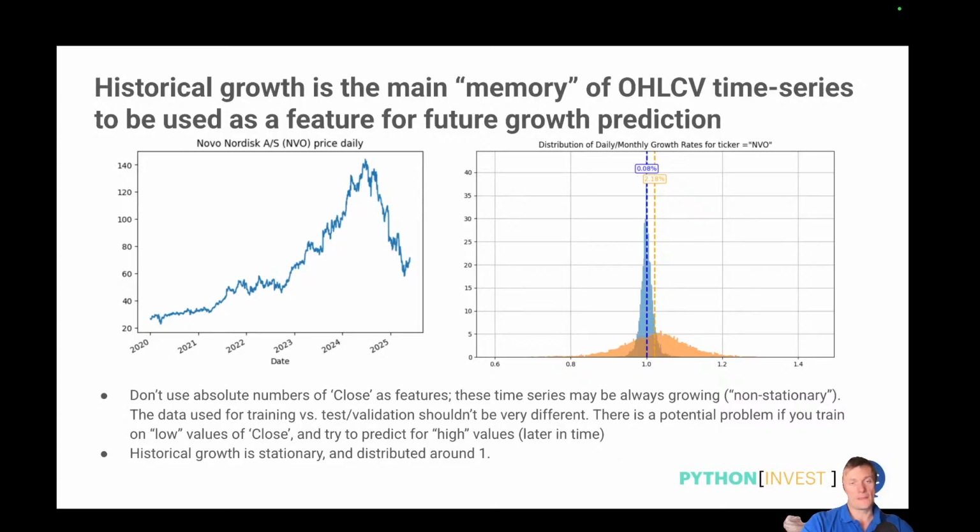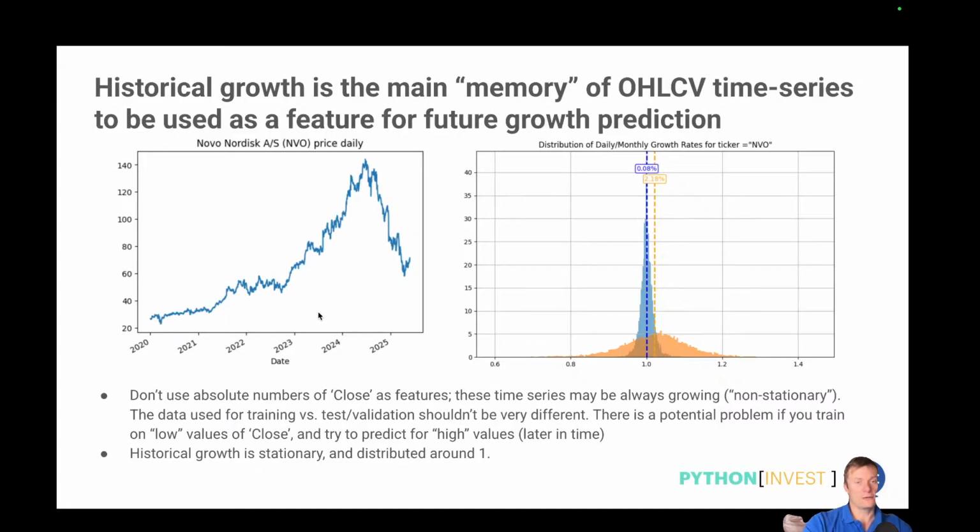So for us, if you have 25 years of data, it will mean that you train a model on the previous 20 years, and that model never saw a value of NVO stock price which is more than, say, 30.